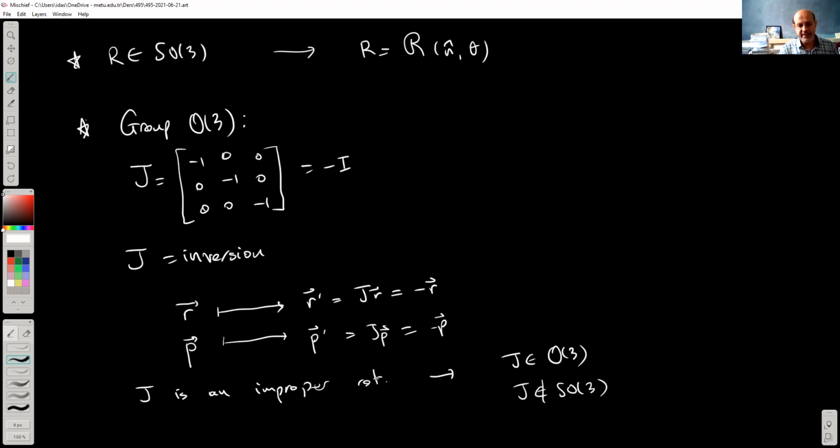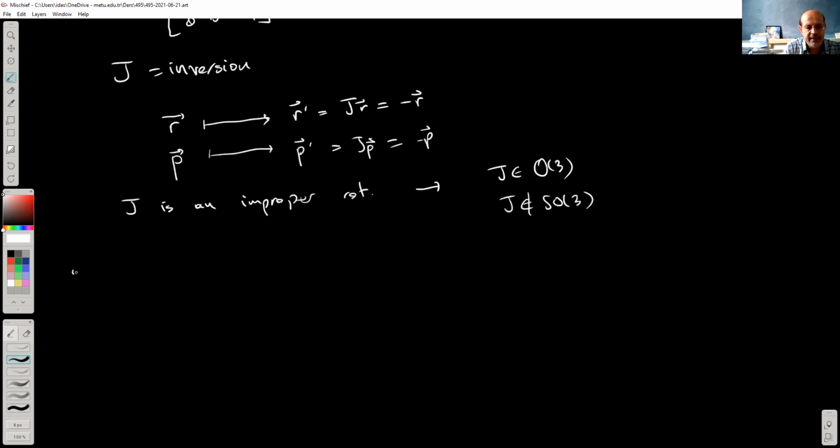What is nice in here is that the product of 2 improper rotations is a proper rotation. So as a result, I can basically express any improper rotation as a product of J with a proper rotation. Let me use this symbol, let's say Q, right? Let's say it like this.